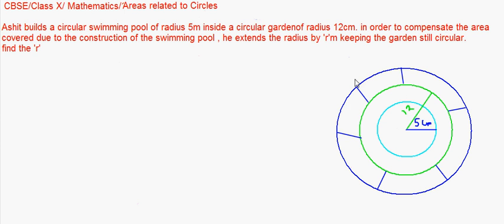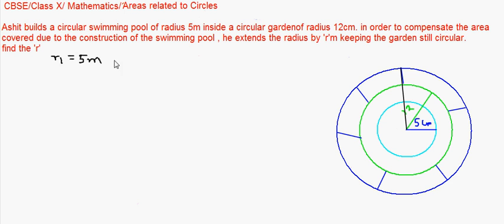To do so, if we can find the complete radius of the outer circle and subtract this 12 centimeters radius, which is the garden, then I can get the difference, and that will give me the extension length, that is the r which is given. So let me start writing it up. I'm assuming r1 to be the radius of the pool, that is 5 meter.